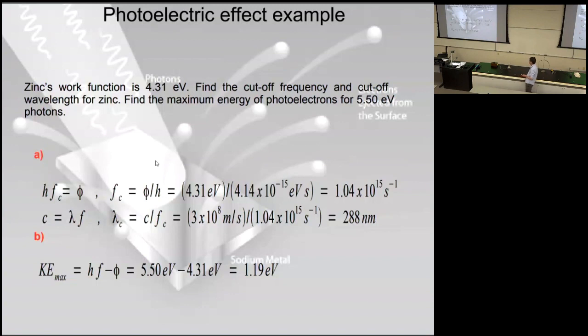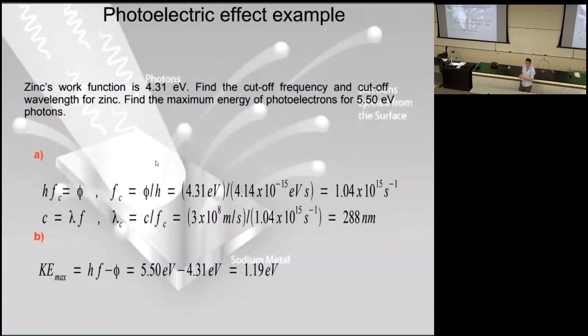Okay, so just to end up with a quick example of the photoelectric effect. This one is about zinc. We said that all metals have their own work function. It's just a property of each metal, like its density. For zinc, you can look up its work function: it's 4.3 electron volts.